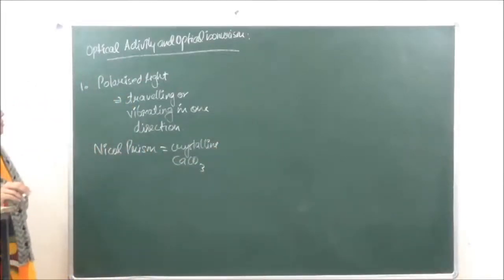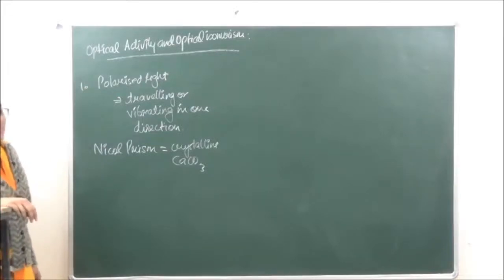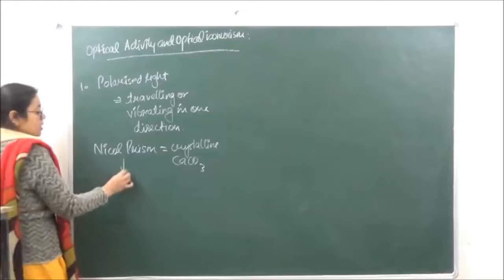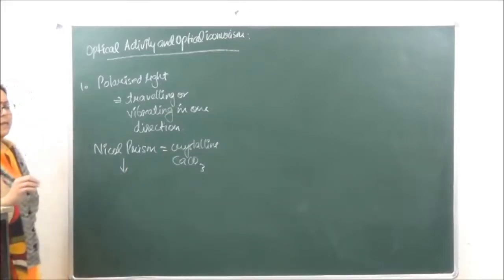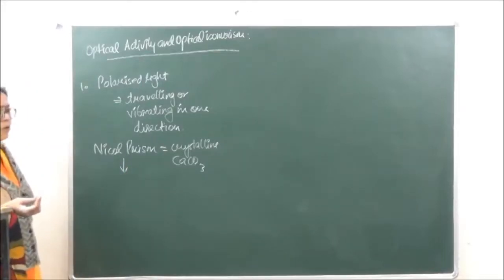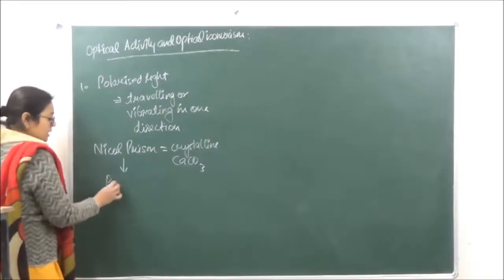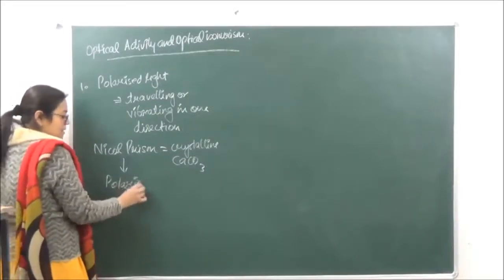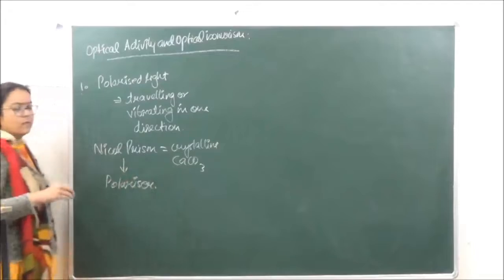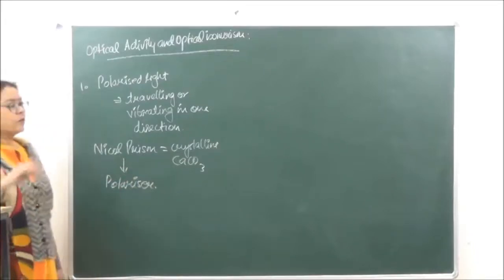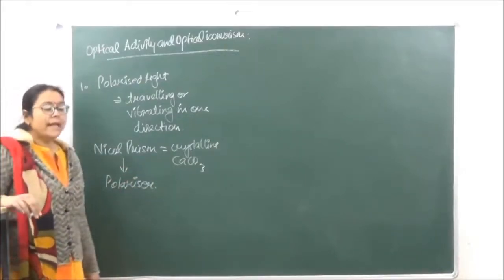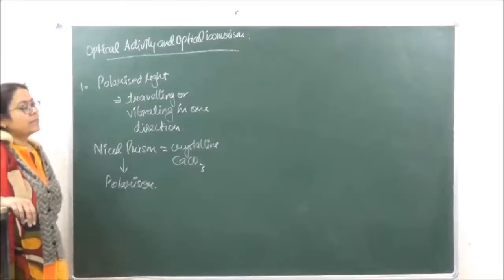So when we pass it through this, it is going to be converted into polarized light. Now because this Nicol prism is converting any ordinary source of light into polarized light, we give it a name: it is known as a polarizer. So the polarizer is the instrument which converts any source of light into polarized light.